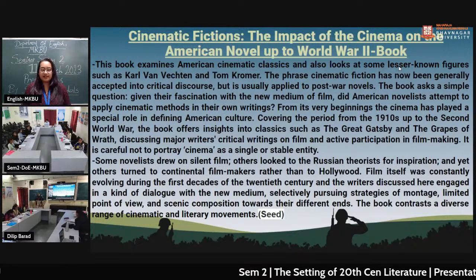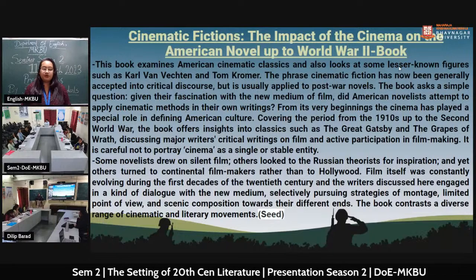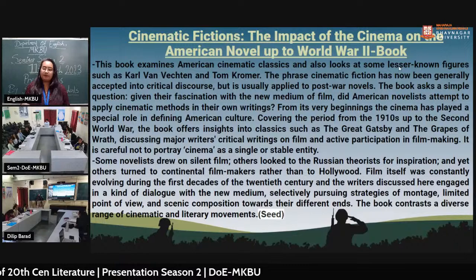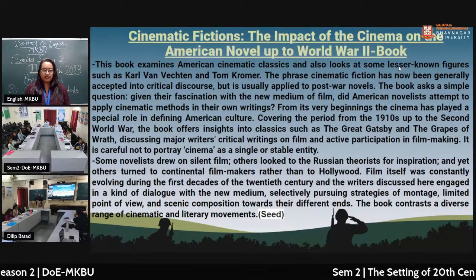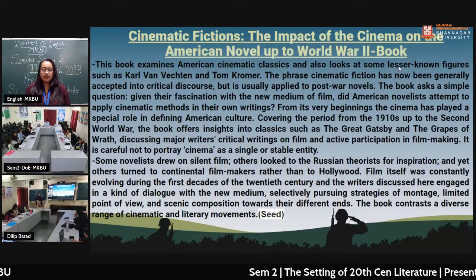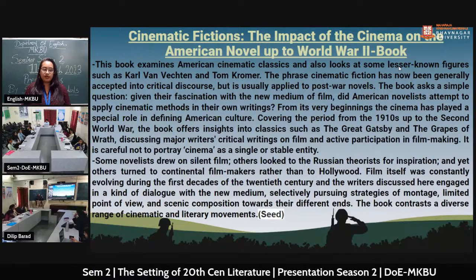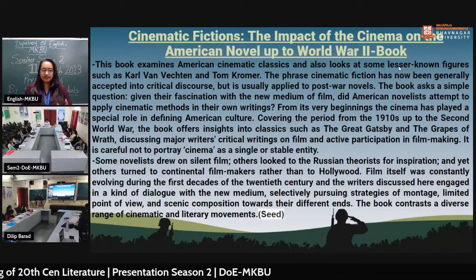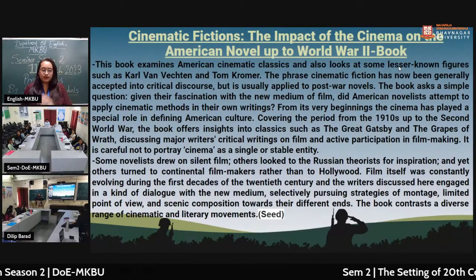The phrase cinematic fiction has now been generally accepted into critical discourse, but is usually applied to post-war novels. The book asks a simple question: given their fascination with the new medium of film, did American novelists attempt to apply cinematic method in their own writing? This is a question asked by the writer.